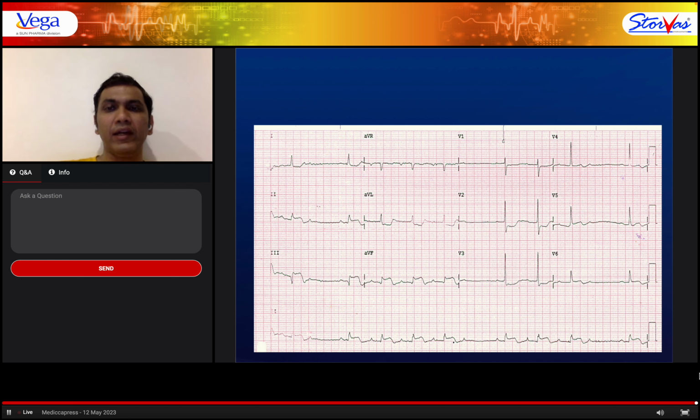What is definitely more worrisome in this ECG is the presence of ST elevation in the inferior leads, suggesting that there is an acute inferior wall myocardial infarction going on. And as we all know, the pathology of it is that there becomes a hypervagotonal state leading to this kind of block.